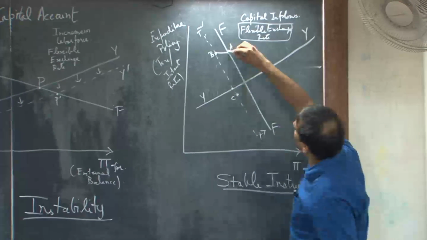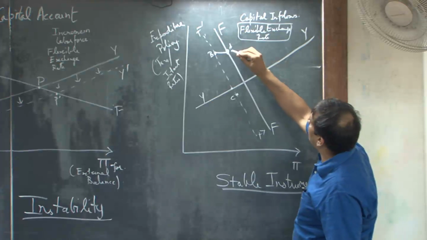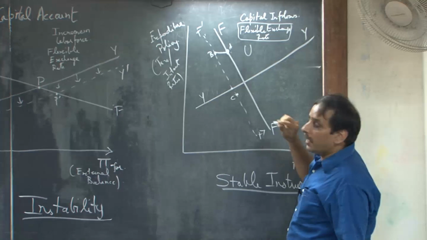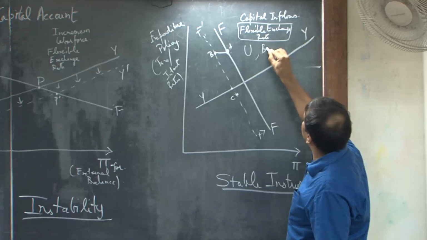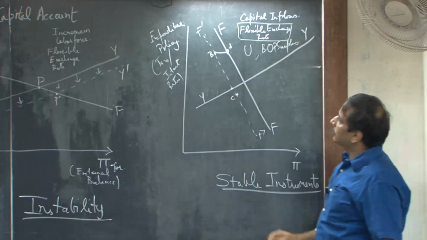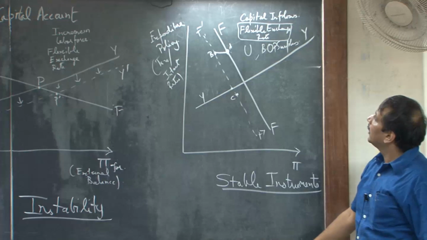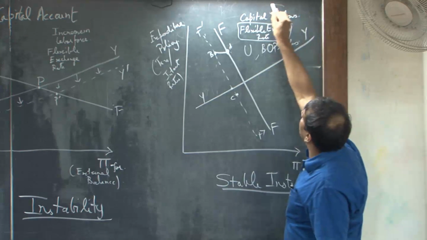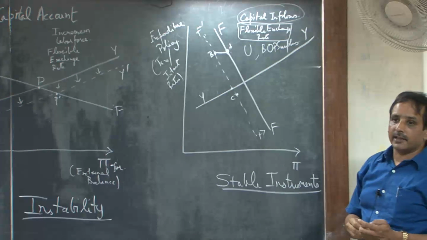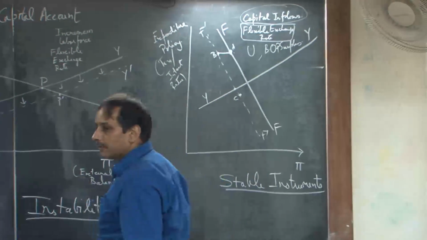So see, if you are at point A, you are above the YY curve, so there is unemployment and there is a balance of payment surplus. So if you have a balance of payment surplus and unemployment, think of a scenario where capital inflows take place. When there is a capital inflow, it would lead to a balance of payment surplus.